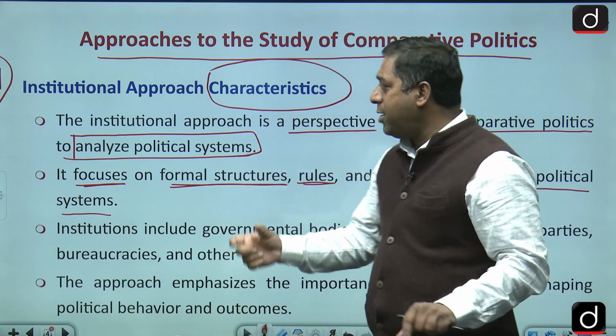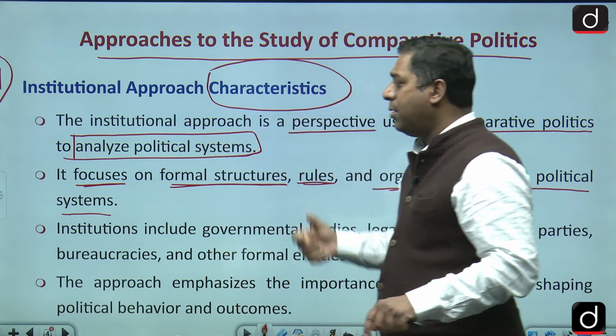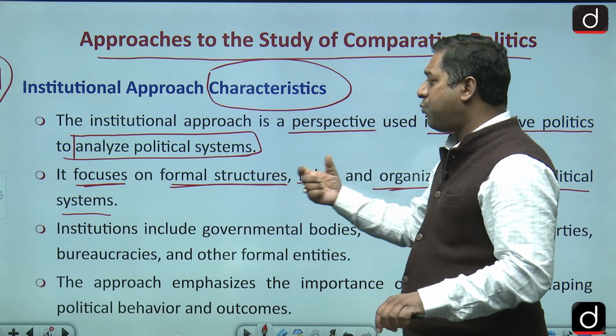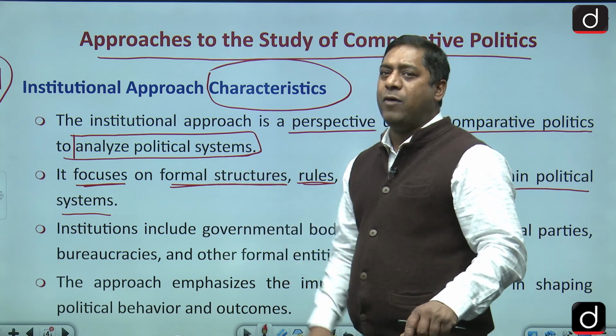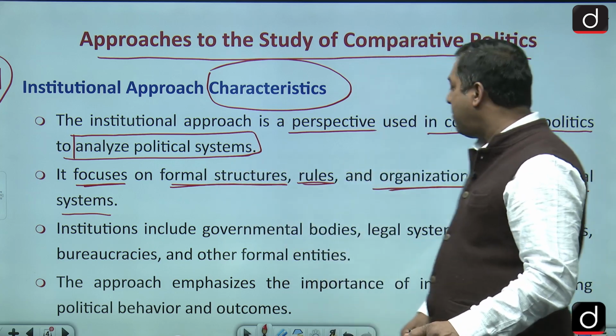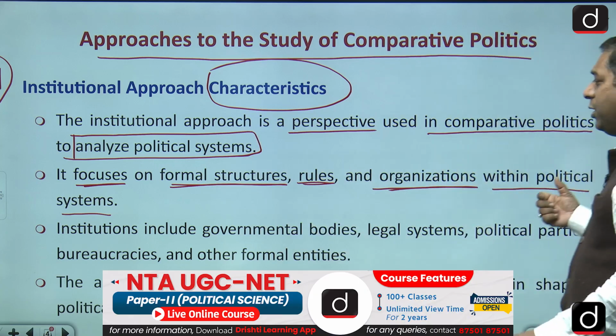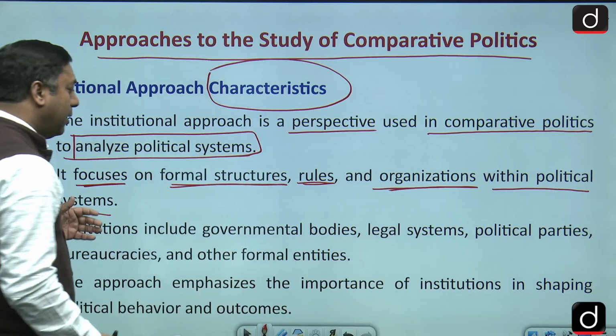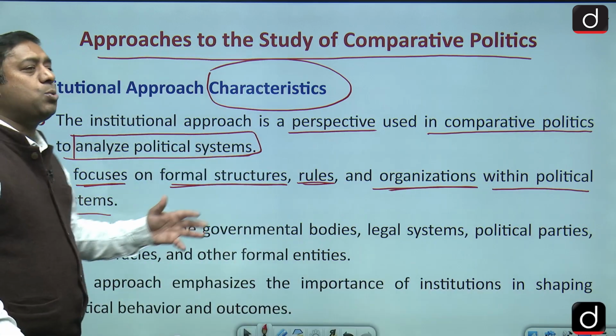So when it is trying to analyze the political system, its analysis is focused on the formal structure of that political system, the rules of that political system, and the organizations within it. These all are analyzed. Then here, institutions means what?